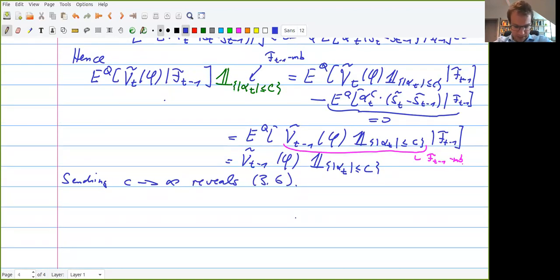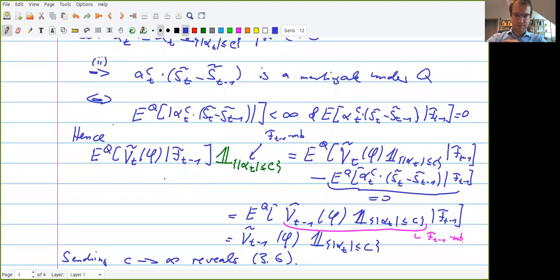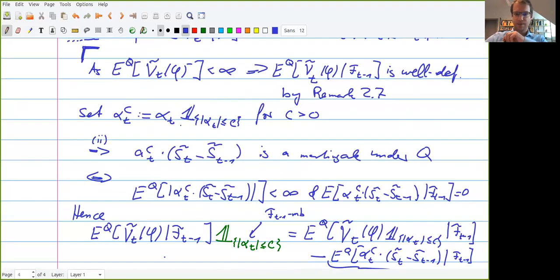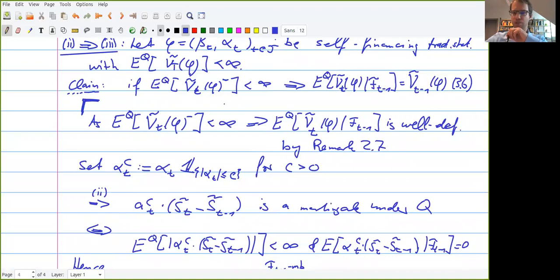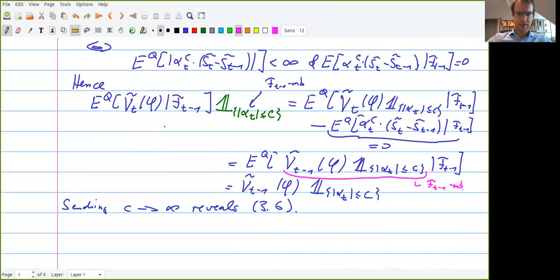All right, and now the question is, why is the condition I assumed here true? So why do I get the Martingale property in the t-th trading period? Well, let's check this.